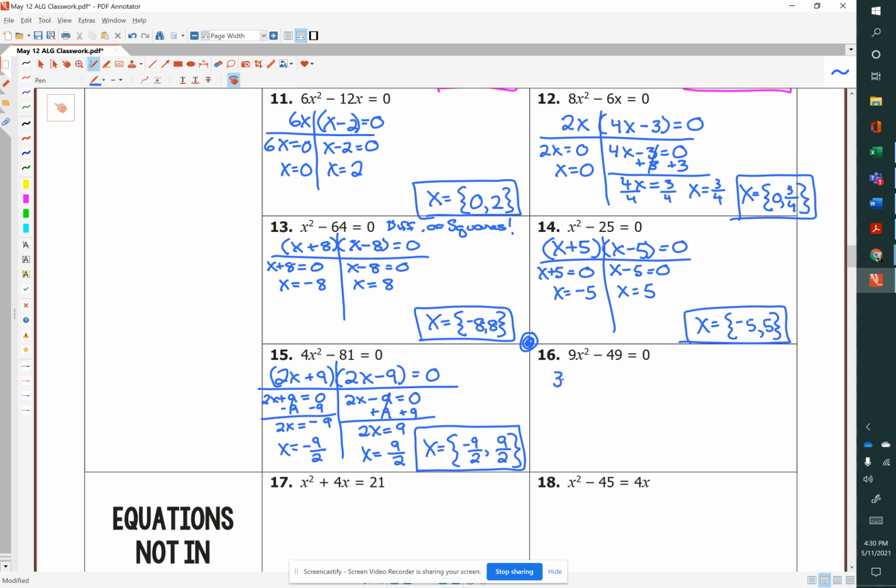So 3x plus 7, 3x minus 7 equals 0. So we'll set each one separately to 0 and solve for x.